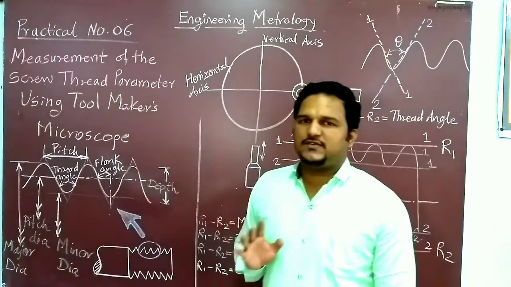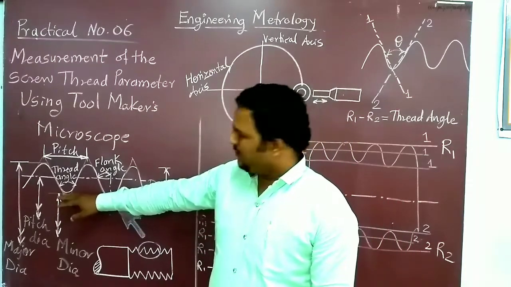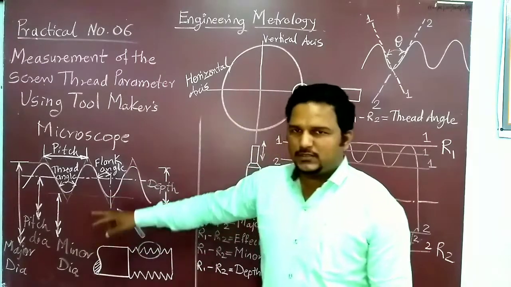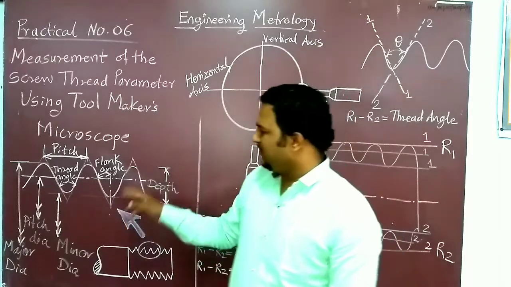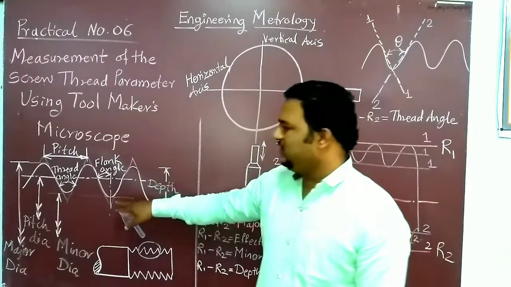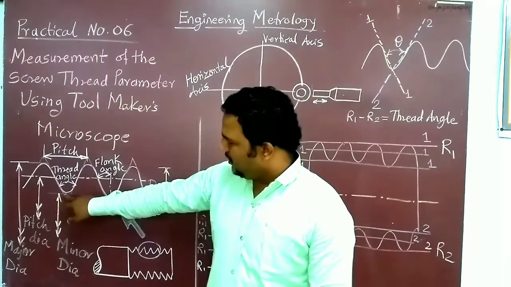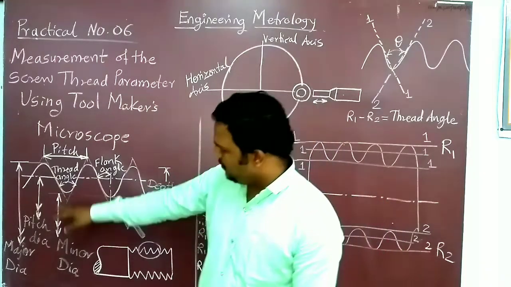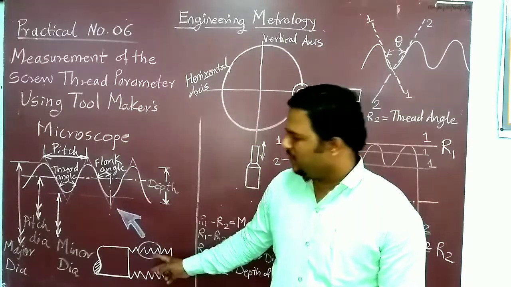It is again an imaginary circle diameter from the root of the screw thread. Okay, so minor diameter is the diameter of the imaginary circle which touches the root of the screw thread. Okay, so this is minor diameter from root. In terms of external thread, from root it is minor diameter. That means from root to this root we have minor diameter.